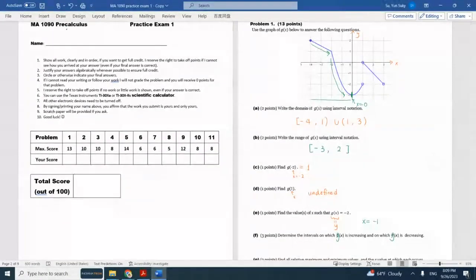So we can say g is decreasing on the interval from -4 to 0. You're talking about interval, so those are x values. Okay? And you don't need to include the endpoint. So when they ask you to find the intervals of increasing or decreasing, you don't need to consider the endpoints.